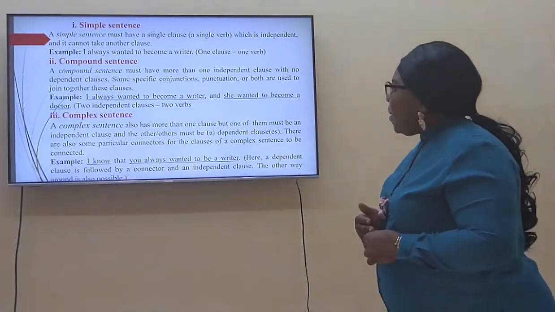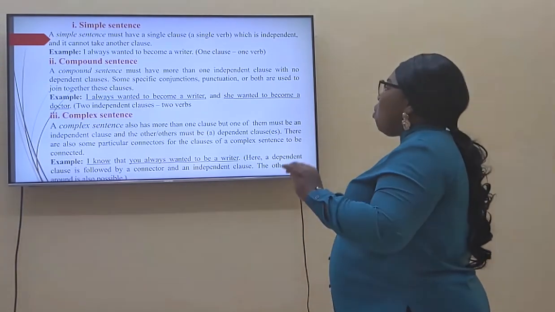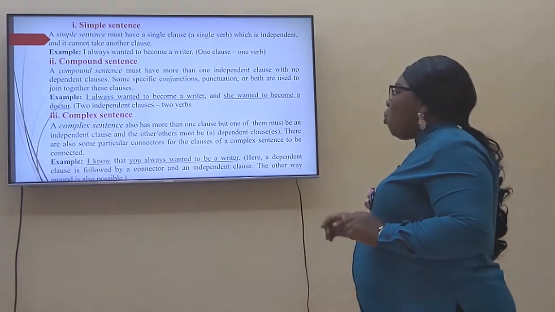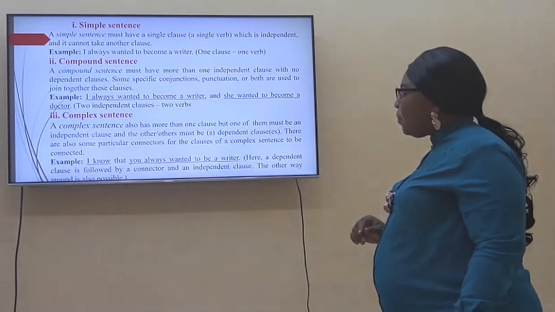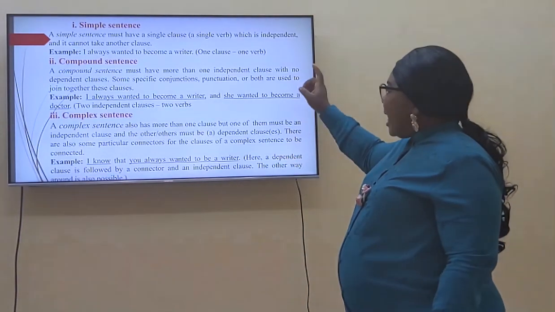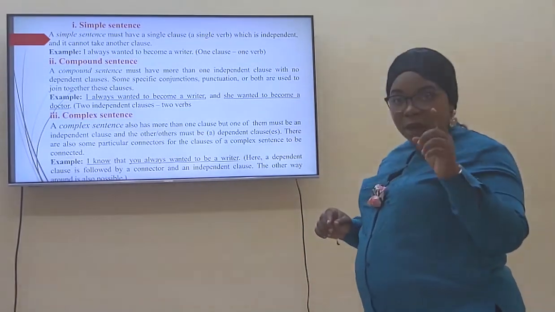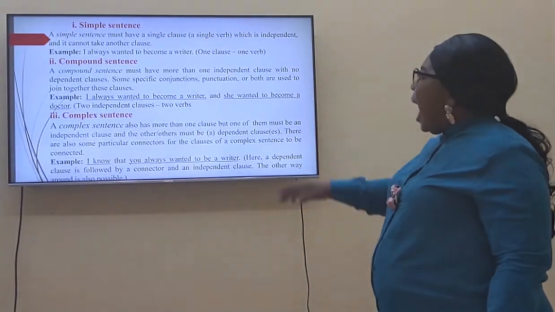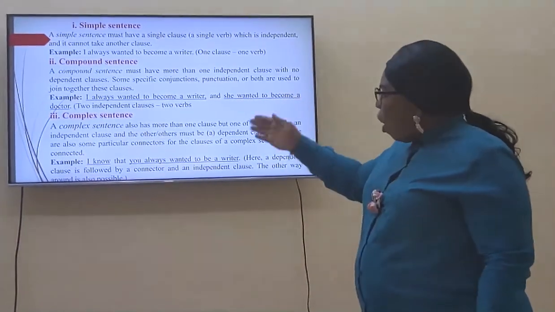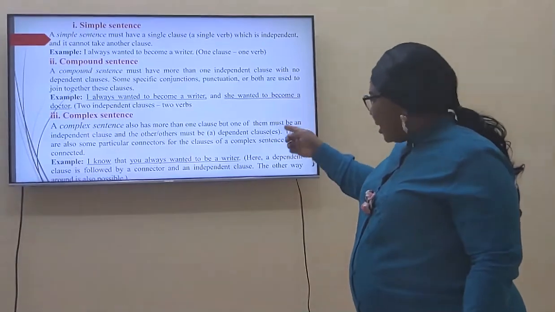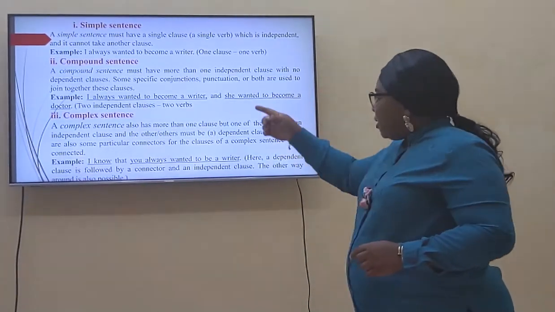The next one is compound sentence. A compound sentence must have more than one independent clause with no dependent clause. Let's look at that. Remember, it has more than one independent clause with no dependent clause. For instance, I always wanted to become a writer, and she wanted to become a doctor.